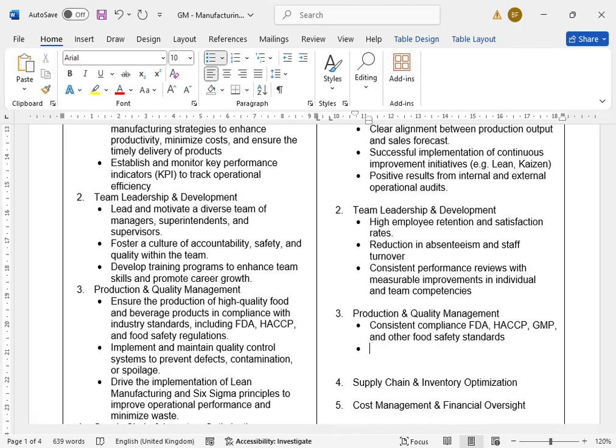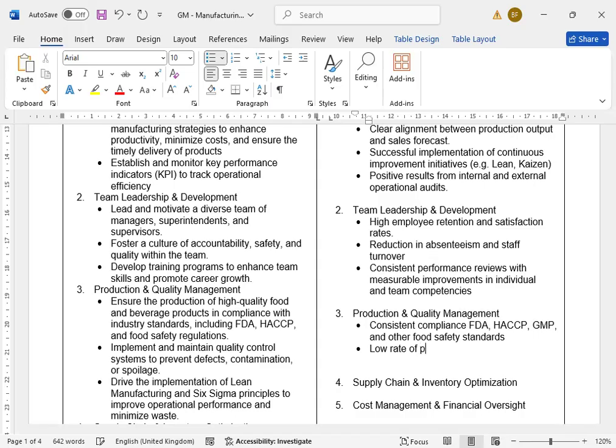So number three, low rate of product recalls. Remember the example that I have given you earlier about the recall of some cheese. I think that was 20 something tons of cheese being recalled from the market, already in the market, because of the contamination issue.